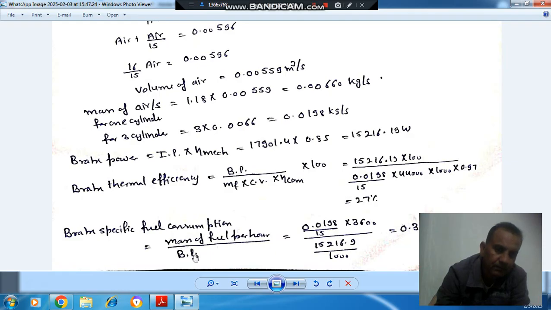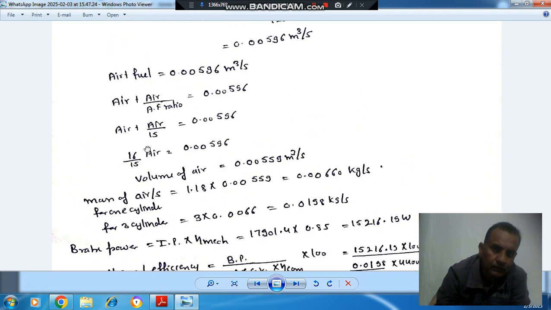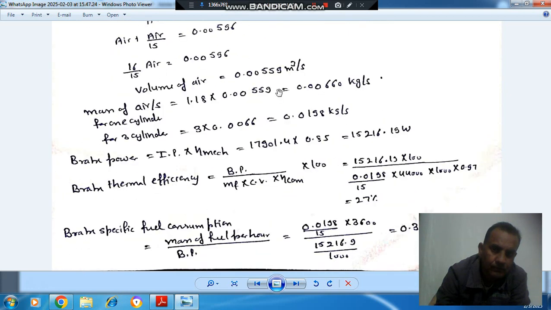So next part is your brake specific fuel consumption, that is mass of fuel burned per hour divided by brake power. So mass of fuel burned per hour is the mass of the air sucked divided by air fuel ratio.